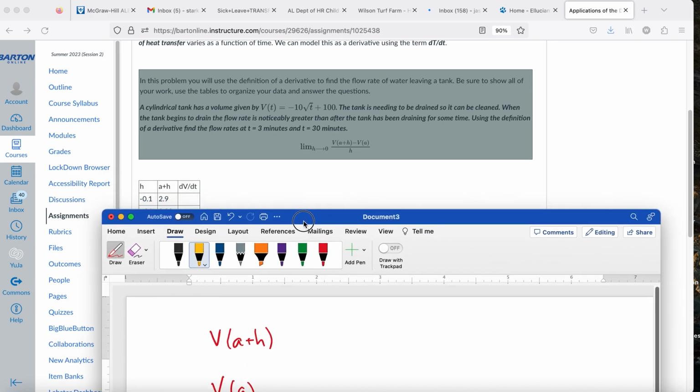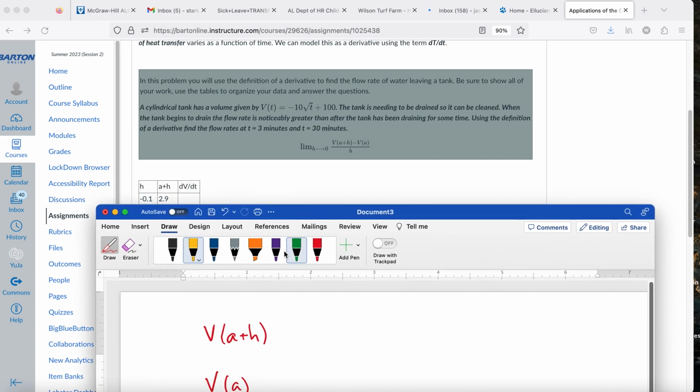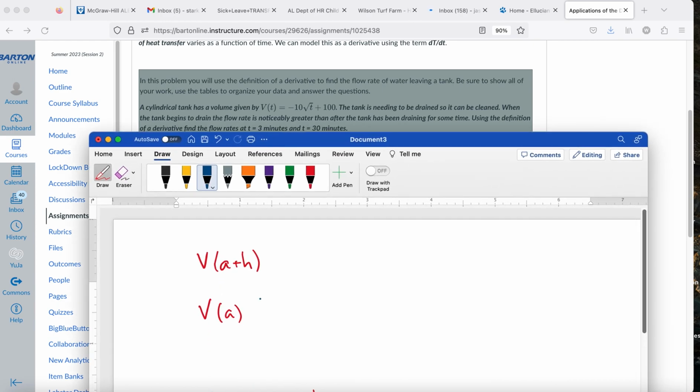You might say, plugging them into what? Well, V of a in our problem is what you get when you plug in 3 into 100 minus 10 times the square root of t.